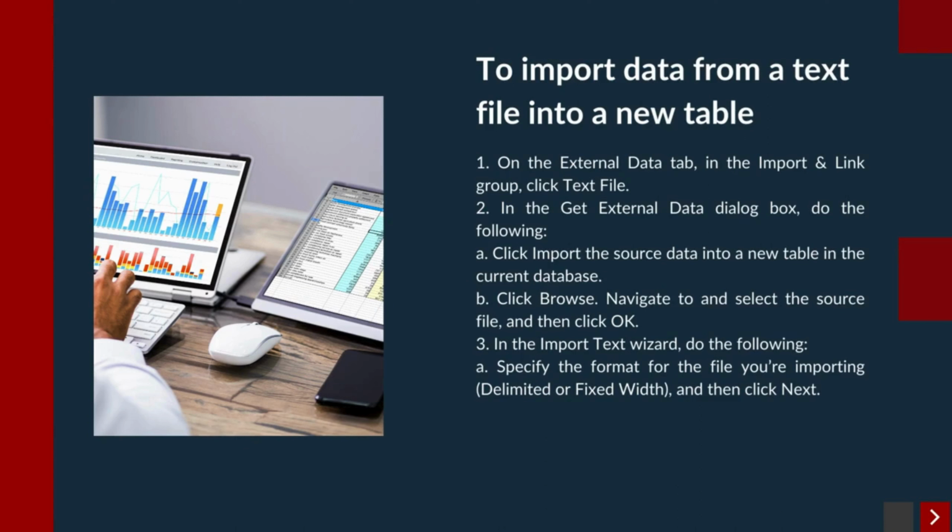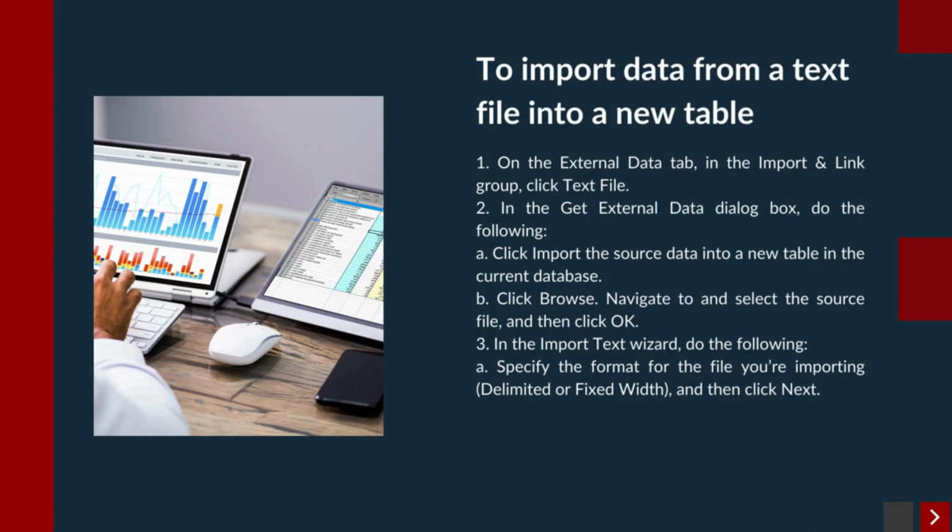On the External Data tab, in the Import and Link group, click Text File. 2. In the Get External Data dialog box, do the following. A. Click Import the source data into a new table in the current database. B. Click Browse. Navigate to and select the source file, and then click OK.